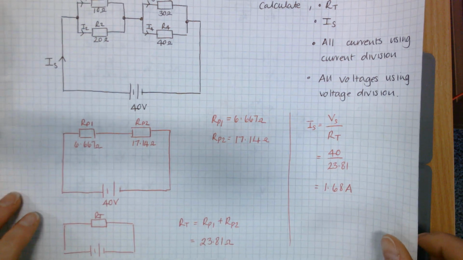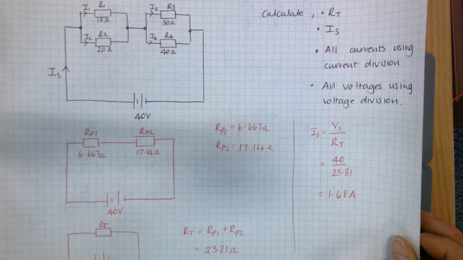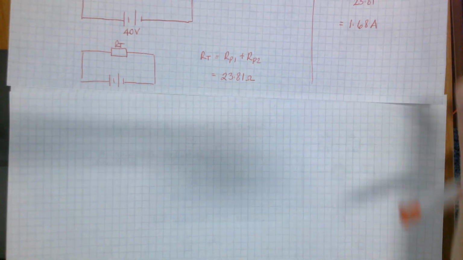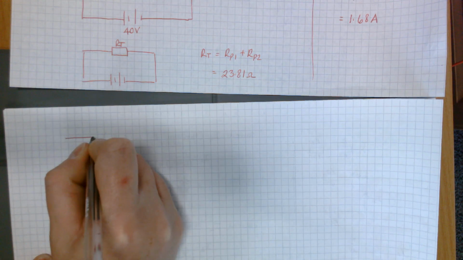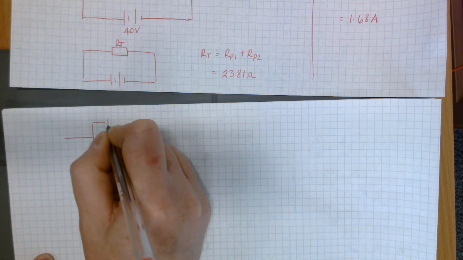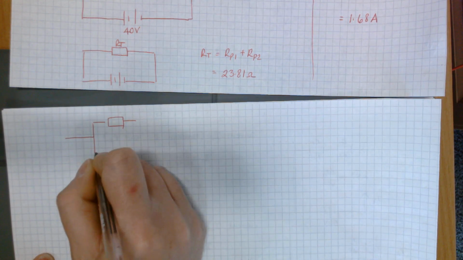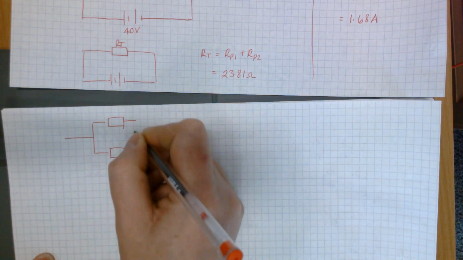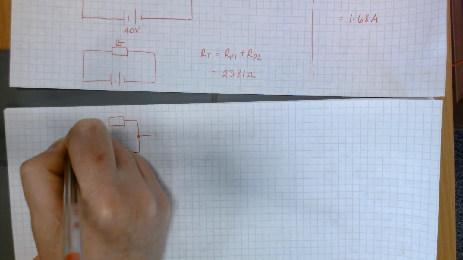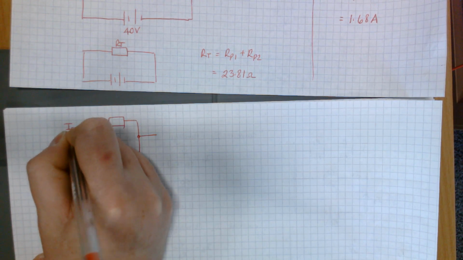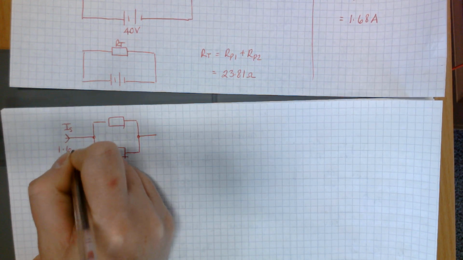So I'm going to sketch out what your two current dividers are first. So going from your original circuit diagram, you're going to have one current divider that comes into the first parallel section. And it's the IS that comes into the parallel section, that 1.68 amps.